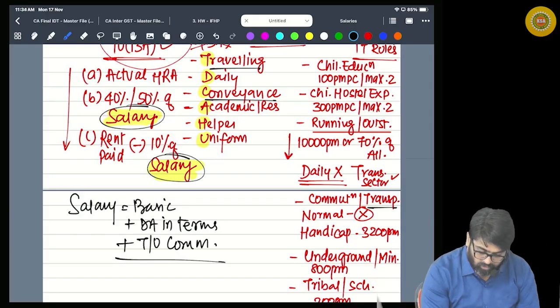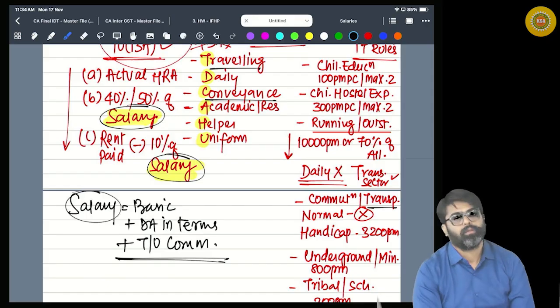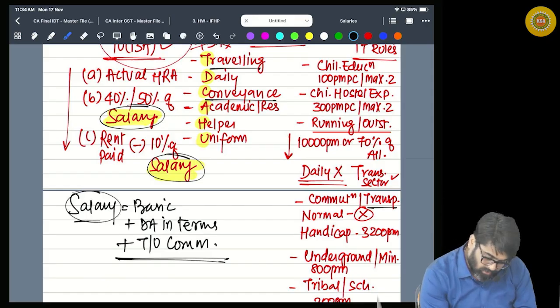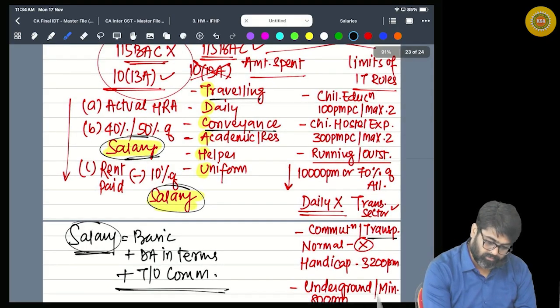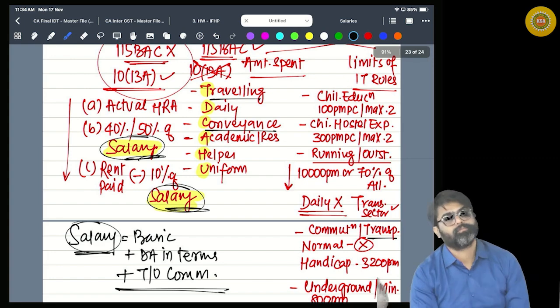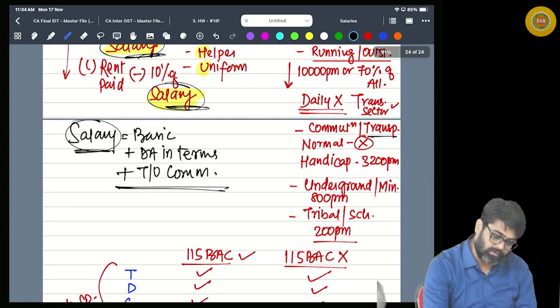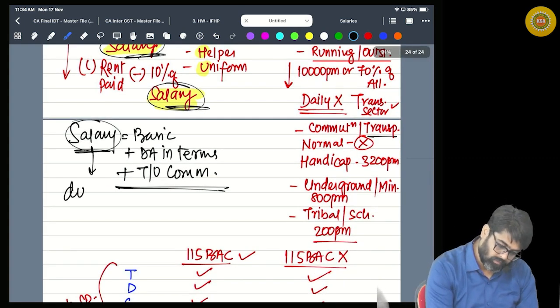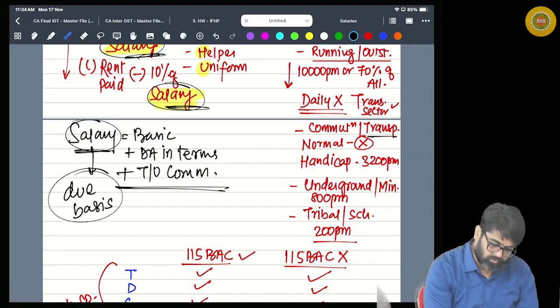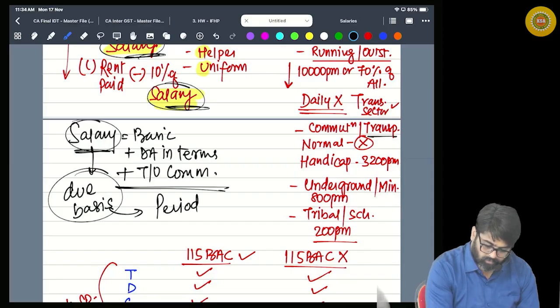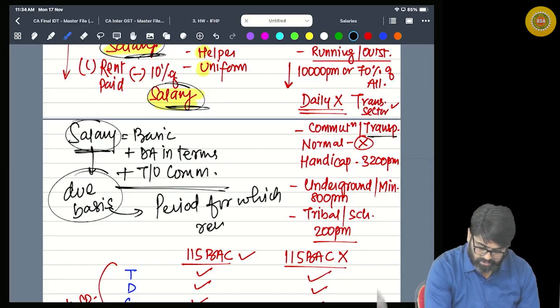These three things you are going to take in the salary, and based on this salary only the exemption will be calculated. Yes or no? And this salary will be taken on what basis? Due basis, for the period for which rent is paid.